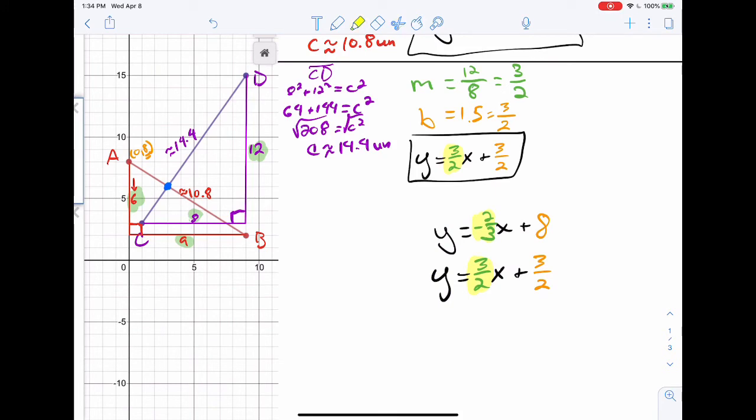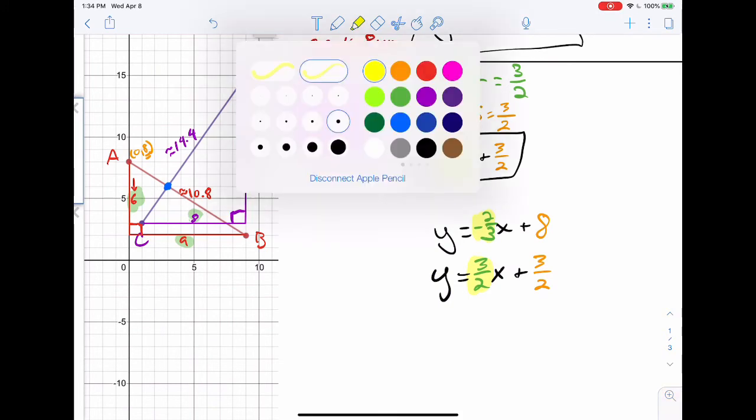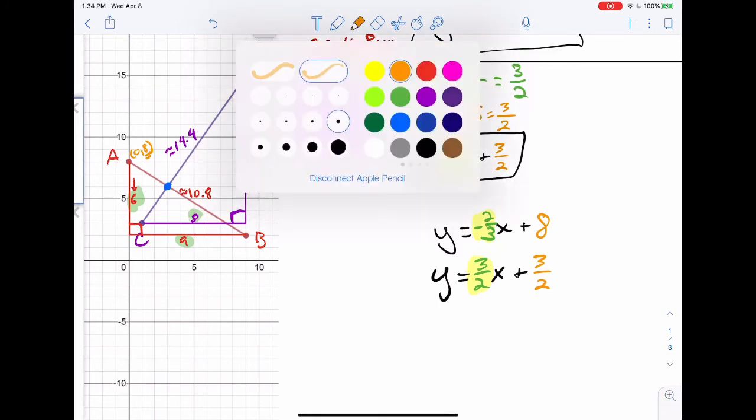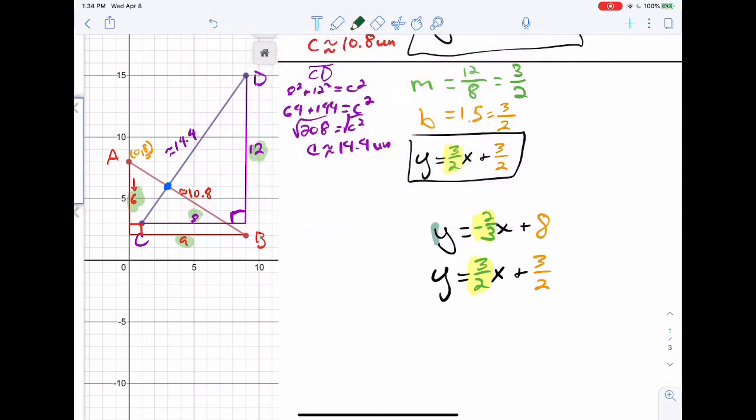So one of the simplest ways to solve a system of equations is if one of them is set to equal a variable, which both of these are, you can use substitution, or since both of them are, we can call it the equal values method, where both y's equal each other and they also equal these two values.